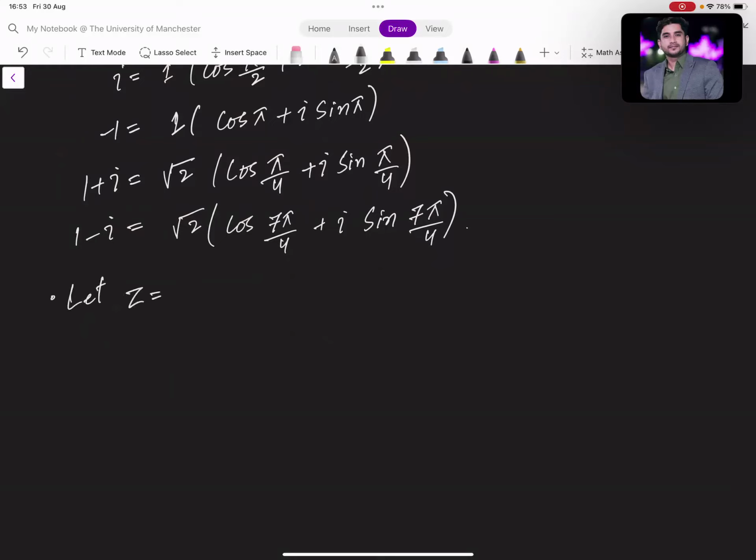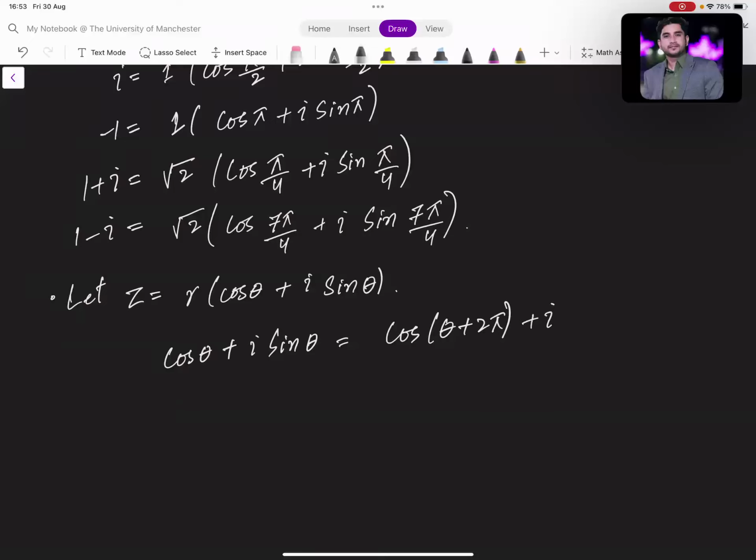Okay. Then let z be r cos theta plus iota sine theta. Notice that we can write cos theta plus iota sine theta as cos of theta plus 2 pi plus iota sine of theta plus 2 pi.